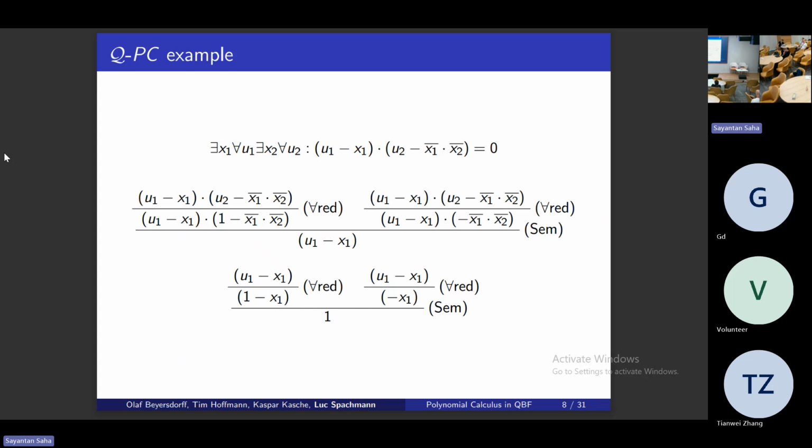With a semantic entailment step, in this case just a single PC step, but it doesn't really matter, we get u1 minus x1. And remember, the lines are always implicitly equal 0. The equals 0 is just not written. Then we repeat this with u1. We can now reduce u1. So we get 1 minus x1 and minus x1. And in just one step, we get 1 equals 0. And it's a refutation.